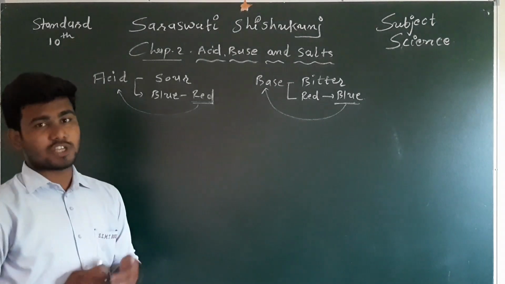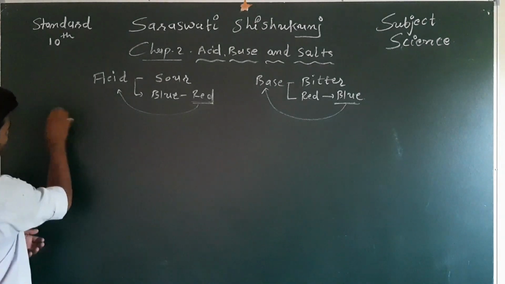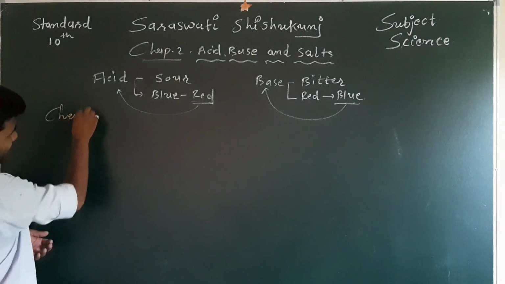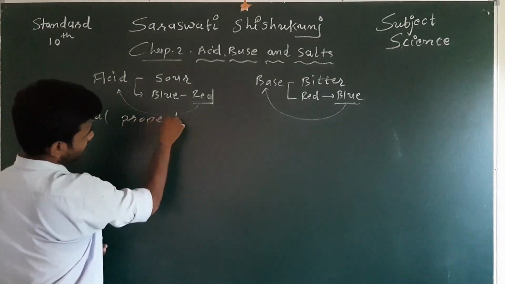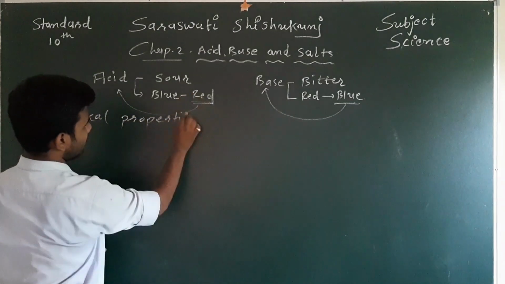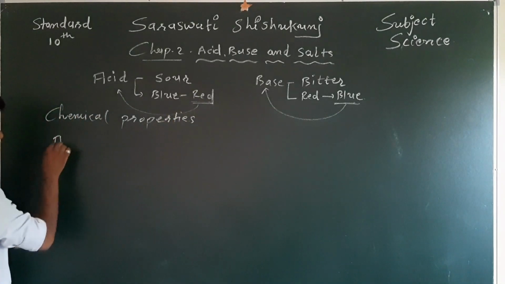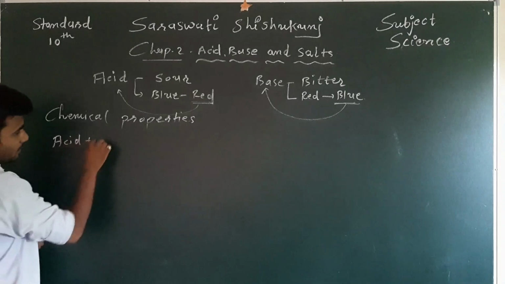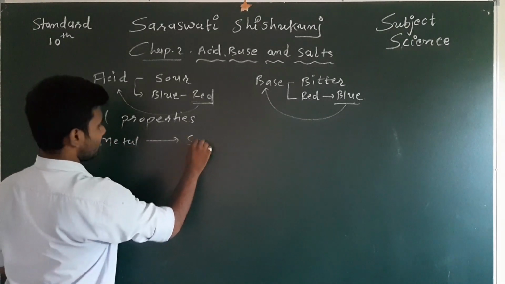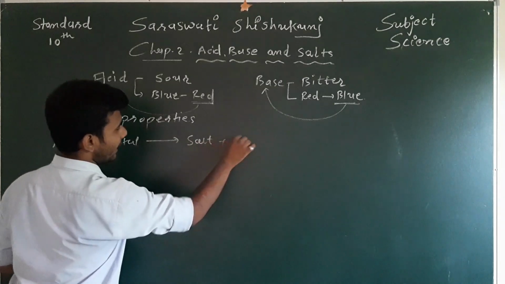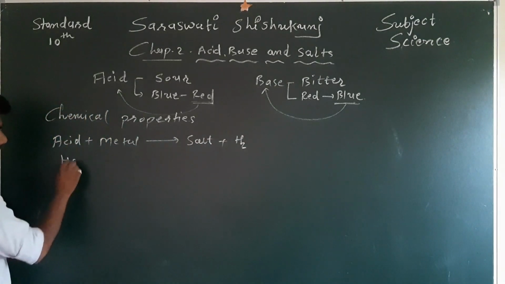After that we have checked the chemical characteristics of acid. In chemical properties, what have we discussed? We have discussed that acid plus metal gives us salt and dihydrogen gas. Let's take one example of it.